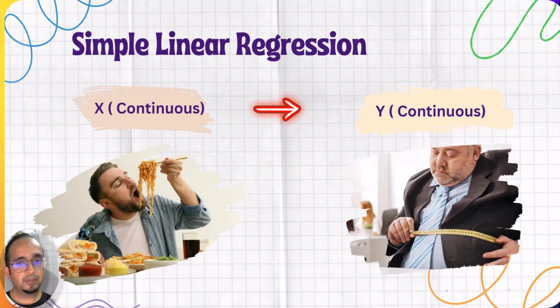This is an example of simple linear regression. We have one continuous independent variable and one continuous dependent variable. In this example, food intake will predict waist circumference.